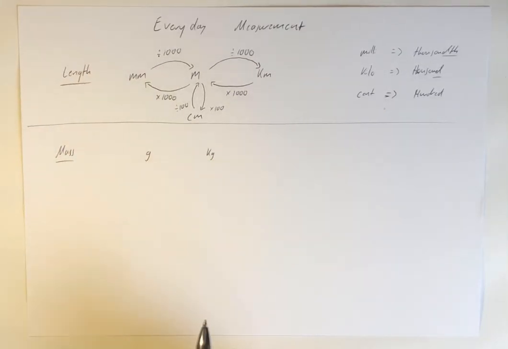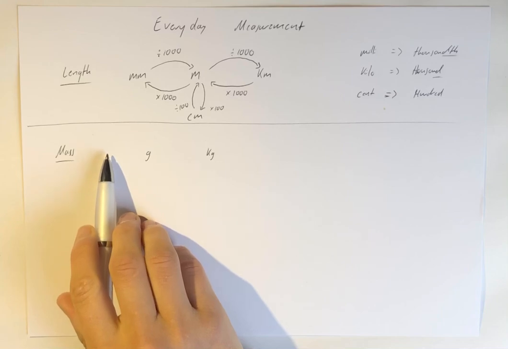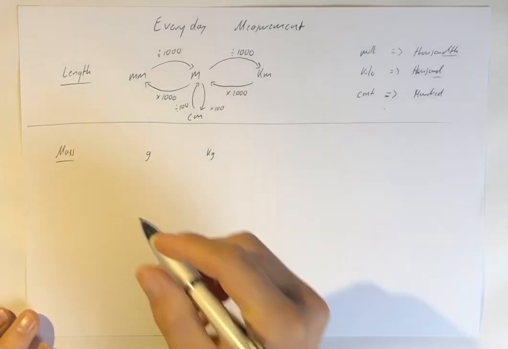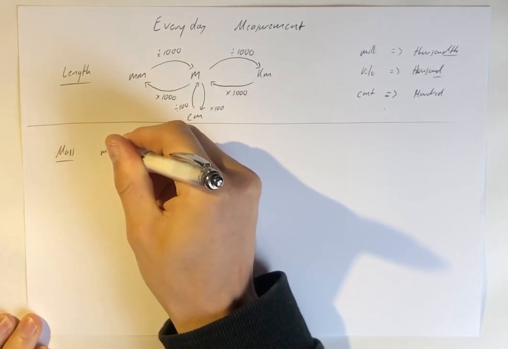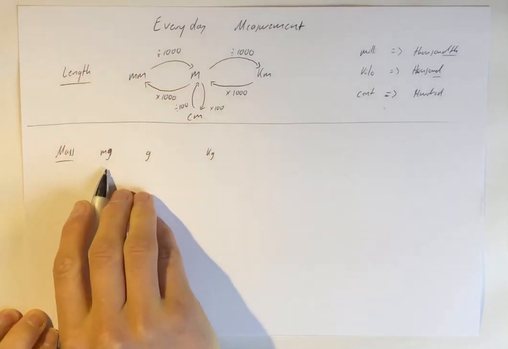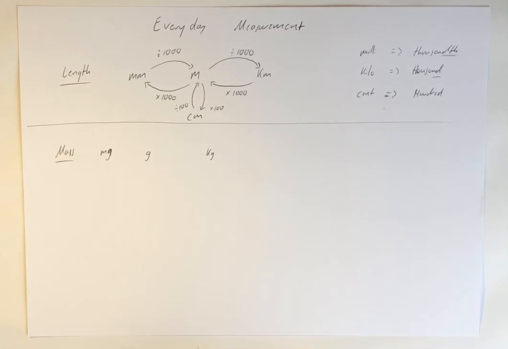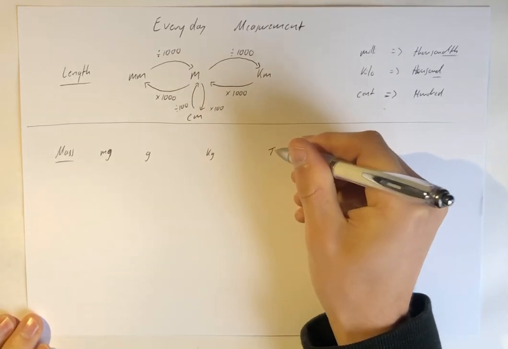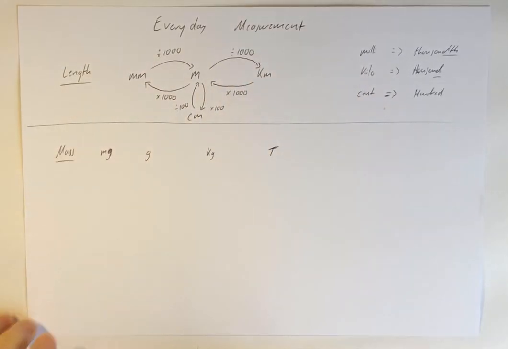And then in medication and a lot of chemistry, you would actually use milligrams, right? We don't use these too much in everyday measurement, but you notice on a Panadol it might be 100 milligrams or 200 milligrams, and we'll take this all the way up to tons.